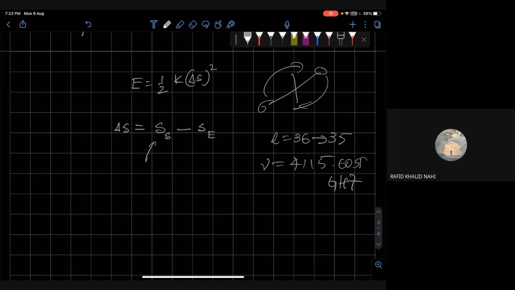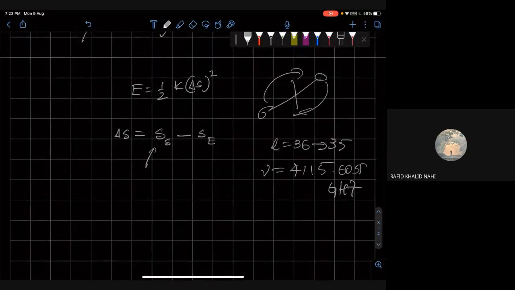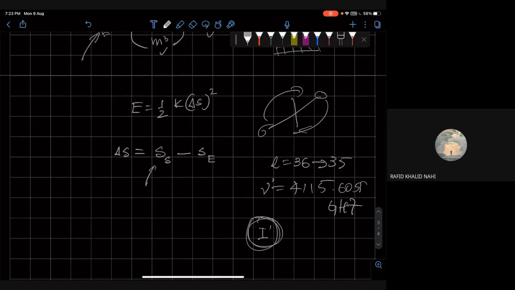So from there, we can find out what I prime is. Think physically: if this is spinning and we think of this as a spring, then the distance between this would be longer than the distance if there was very little angular momentum, right?